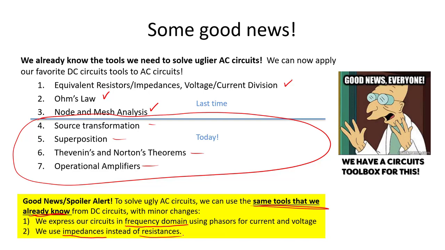Once we have transformed our AC circuit into frequency domain, we can use our favorite DC tools pretty much the same exact way. So in the rest of today's video, we're going to go through each of these tools and demonstrate an example of how we can take our favorite DC tool and use it now in an AC circuit.